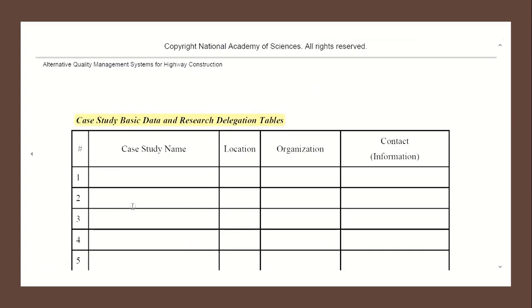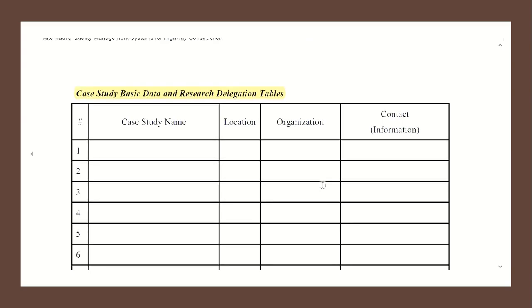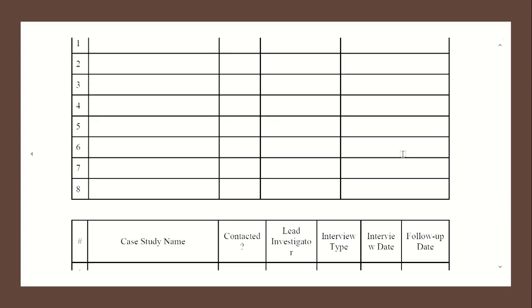And as you can see from these tables, they give out the layout or the structure of data they're expecting from the interviews from different sources of informants, such as the case study name, the location, the organization, and the contact person, the informant contact information.